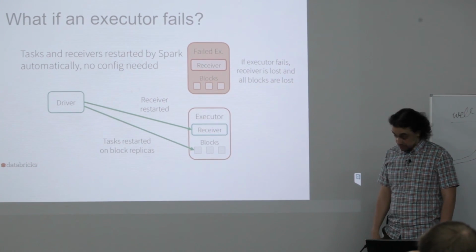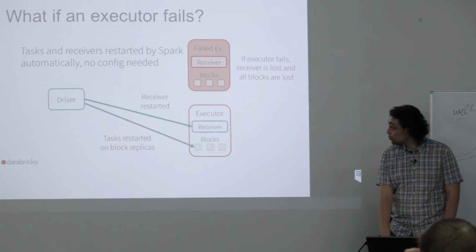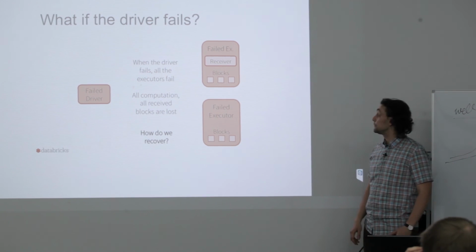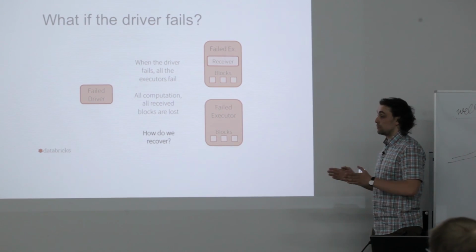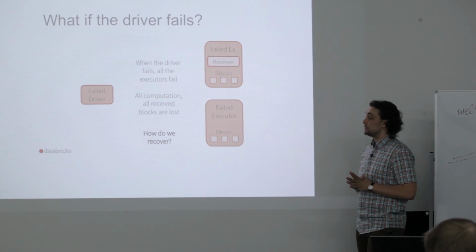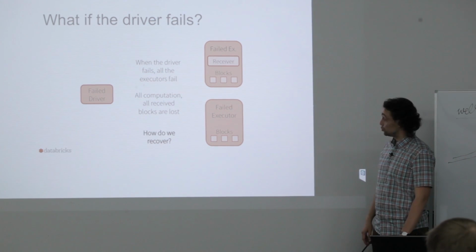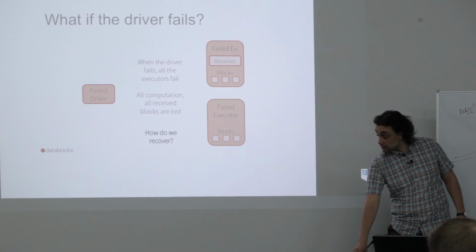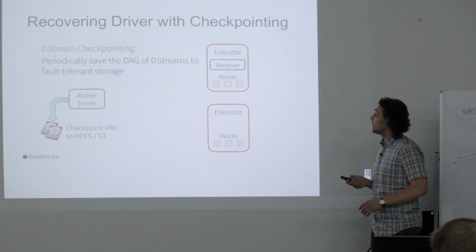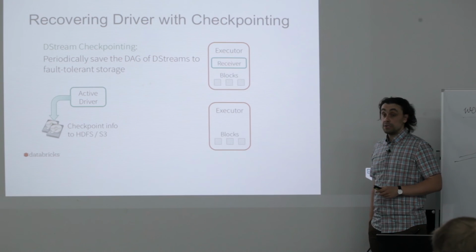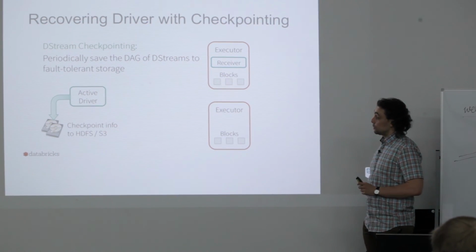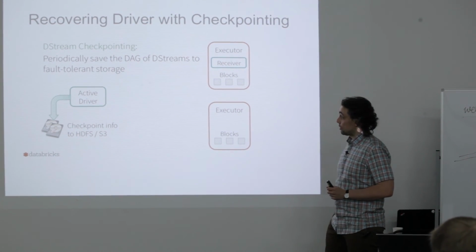The main problem, as you can imagine, happens when the driver fails. In this case, all our computation, all our received data, all blocks are lost. What should we do for this? What does Spark exactly provide? This is checkpointing. We can configure it for our driver.